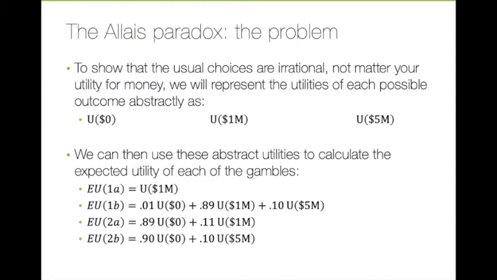of $5 million. What we're going to do is use these four expected utility formulas to show that as long as the agent is consistent with their utility for money across gambles, there's no way that making choice A in the first decision and choice B in the second decision can be rational.